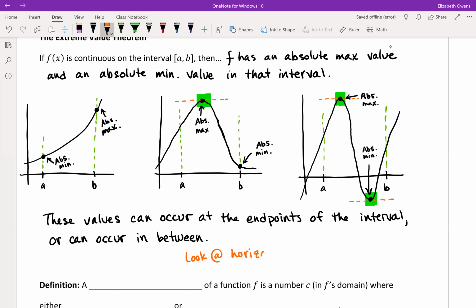I'll make that little note here. Look at horizontal tangent lines, because that marks the top of the hill, bottom of the valley type situations. All right, so I'll stop our recording here for another minute and we'll get a clarification of what we're looking at there.